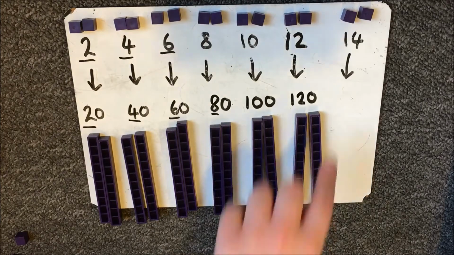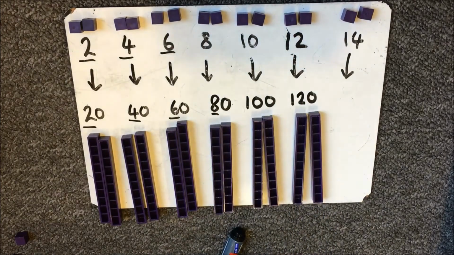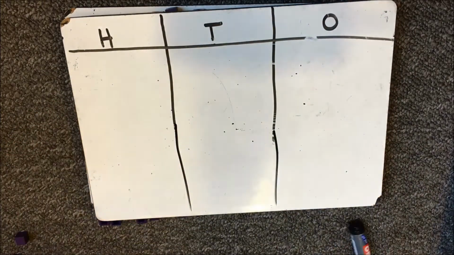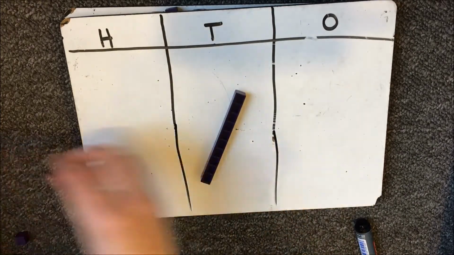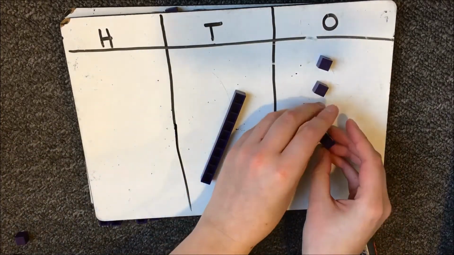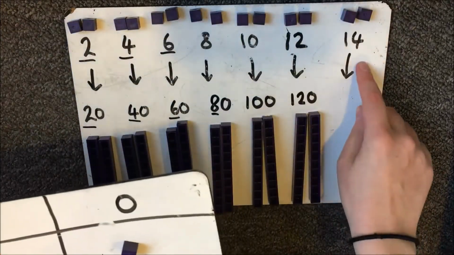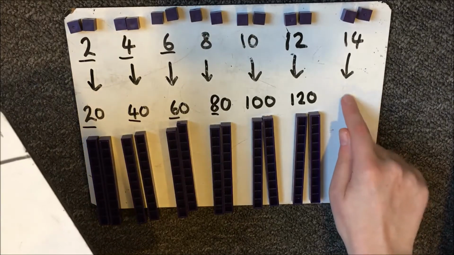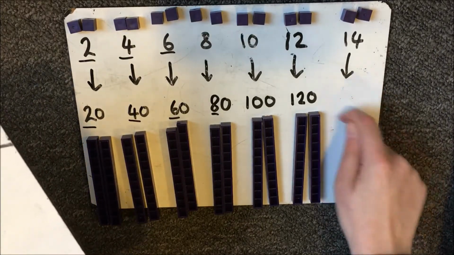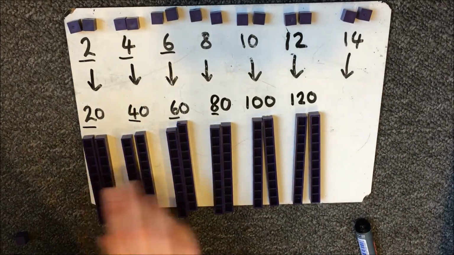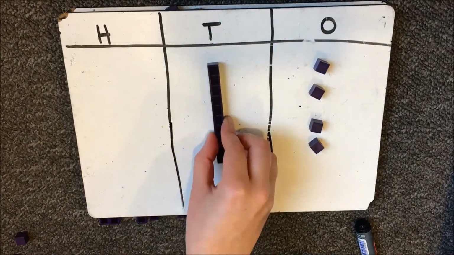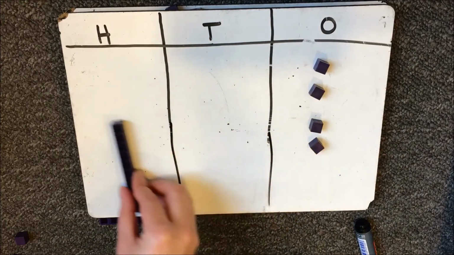What about 14? How is that going to become 10 times bigger? Let's have a look at my chart again. So I have 14. Let's make 14 on here. 10, switch, 11, 12, 13, 14. To times by 20, I need to make it 10 times bigger because I'm counting in tens now, 2 tens in 20. So it's 10 times bigger. What happens? So 10 is going to become 10 tens.